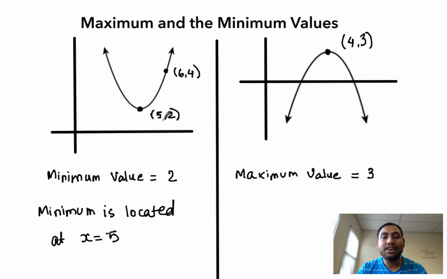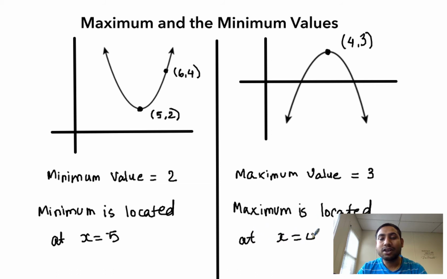So that's the x value of the vertex. Or in this case, we say the maximum is located at x equals 4. Again, we specify the x value of the vertex. But the actual minimum value of the function itself, or the maximum value of the function itself, is always going to be the y value of the vertex.